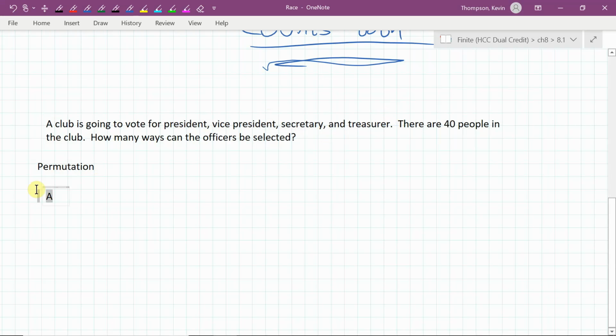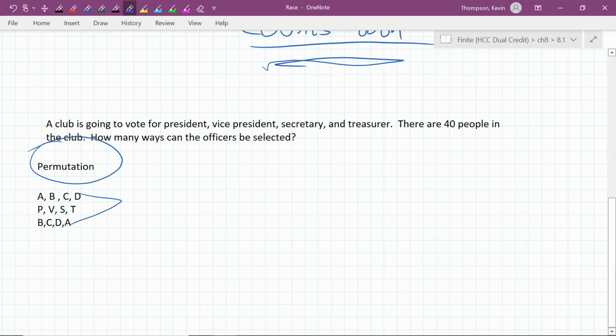So if I have person A, B, C, D, and I'm writing this down thinking that the first name is president, the second name is vice president, then the secretary, then the treasurer, the arrangement of A, B, C, D is not the same as B, C, D, A. We want to count these as different options.